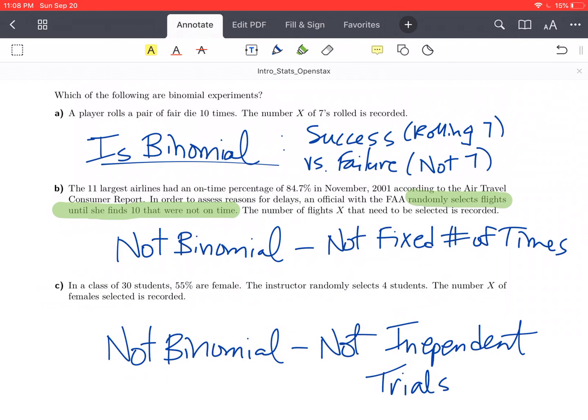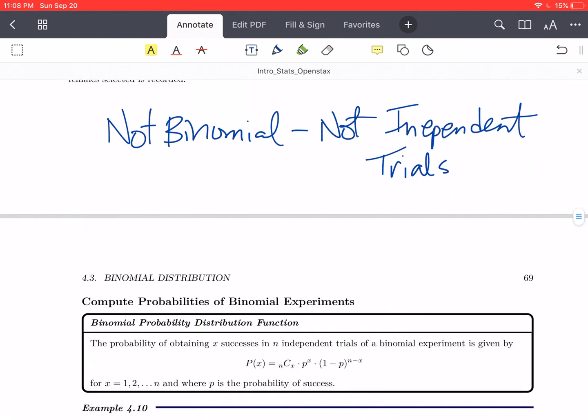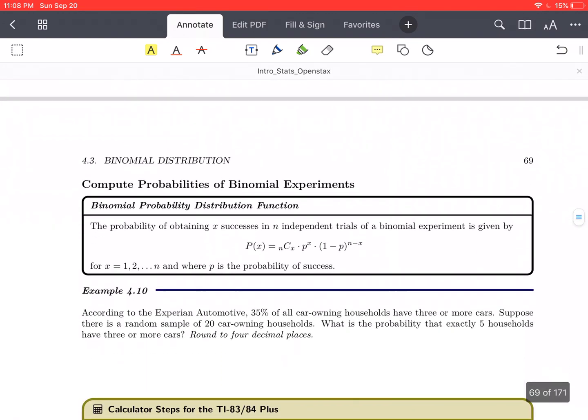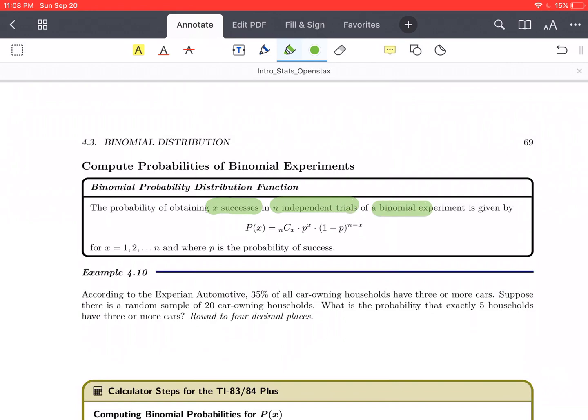So now that we've looked at what it means for an experiment to be binomial, let's try looking at some probabilities for binomial experiments. The probability of obtaining X successes in N independent trials of a binomial experiment is given by this formula.